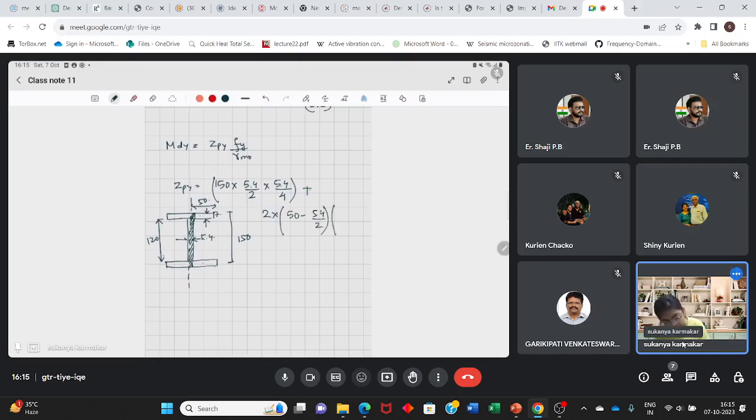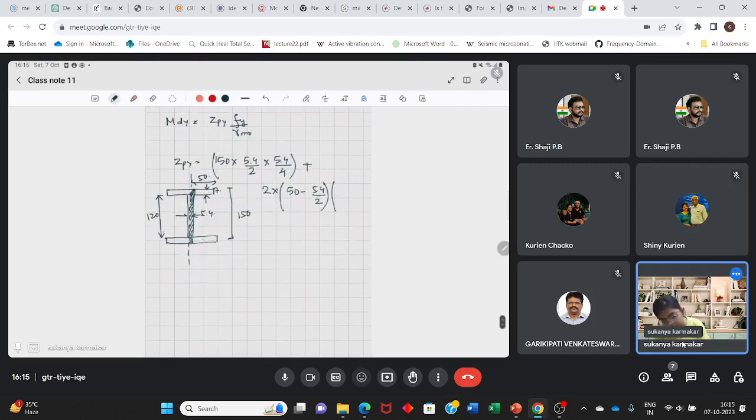By length I mean this number, 50 minus 5.4 by 2, multiplied by its centroidal distance, which will be from this to here.